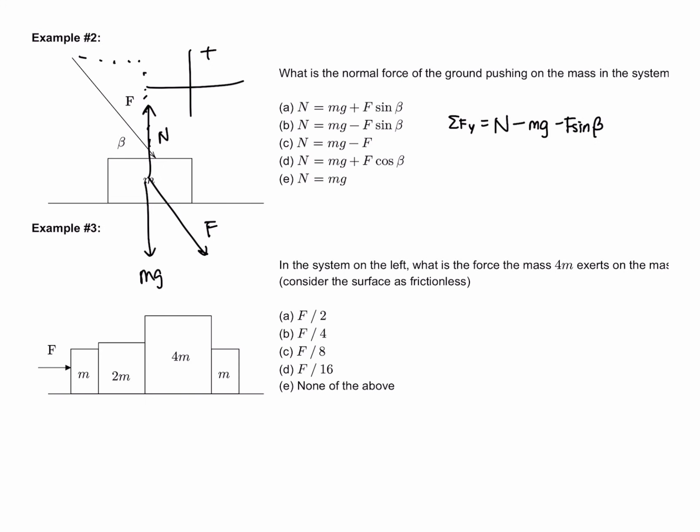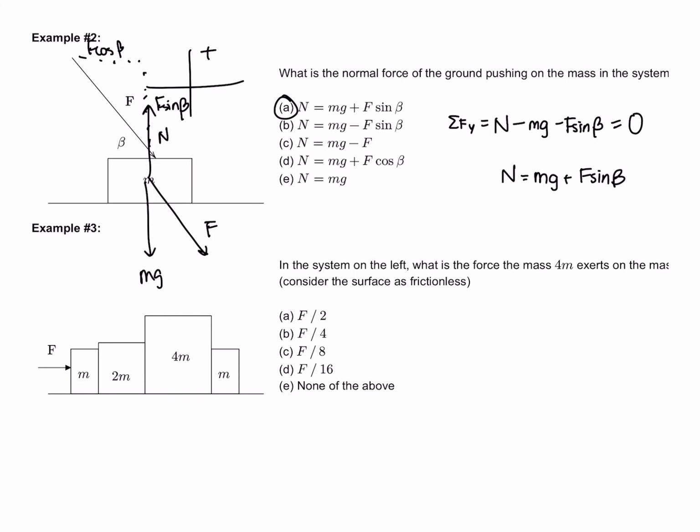So the horizontal would be F cosine beta, and this would be F sine beta, and it's in the negative direction, thus the negative sign, same as gravity, and it's equal to 0 because it's in equilibrium in the vertical direction at least, because it's not burrowing into the ground. So then from here, it's just simple algebra, and we get n is equal to mg plus F sine beta, which would be A in this multiple choice question.